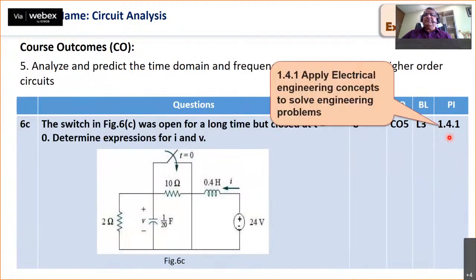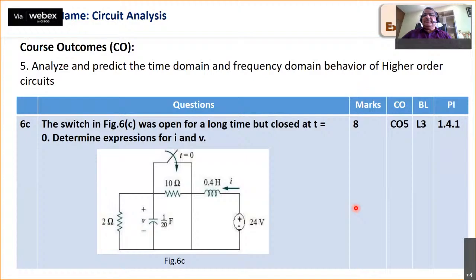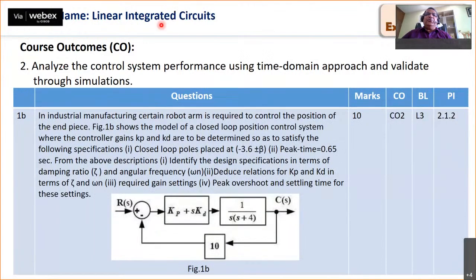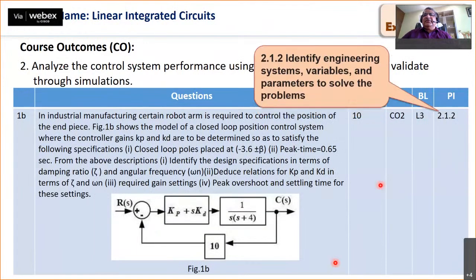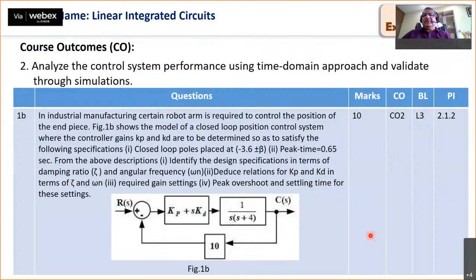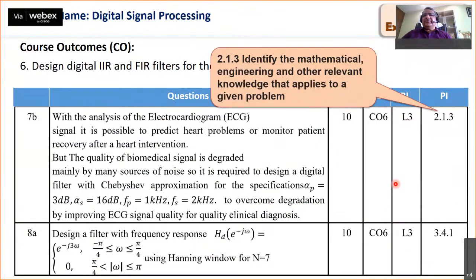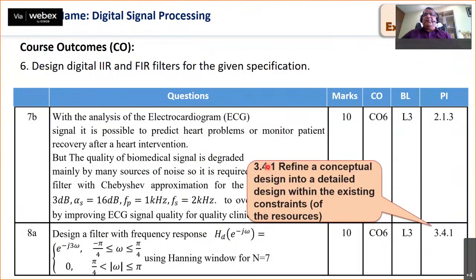Again the same, electrical engineering concepts. 2.1.2 for linear integrated circuits because it uses identifying engineering systems, variables, and parameters to solve the problems. Same. 3.4.1, because refine a conceptual design into a detailed design within the existing constraints of the resources.